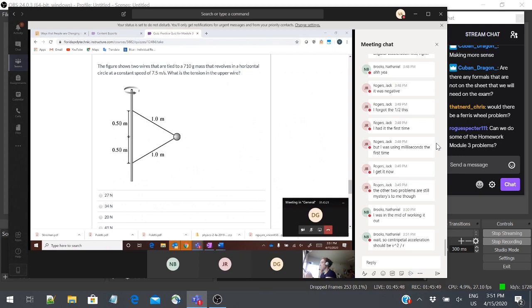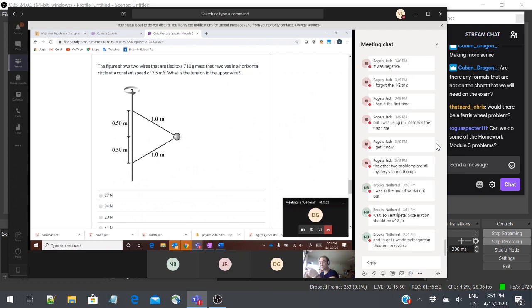Yes, v squared over r. So you got to find r for this one. Yep. So it would be 1 squared minus 0.5 squared is, I get 0.866 for r.